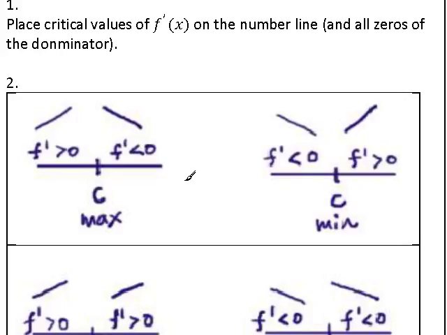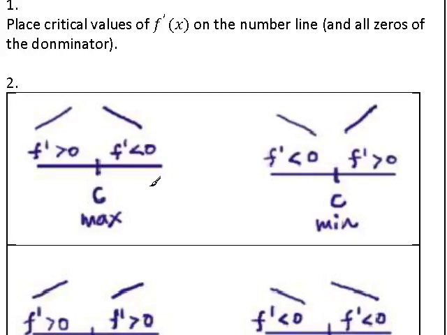And then if to the left and the right of the critical value you have a change in sign of f prime, then you're going to have a max or min. If the change in sign is positive on the left, negative on the right, it's a max. If it's negative and then positive, it's a min.